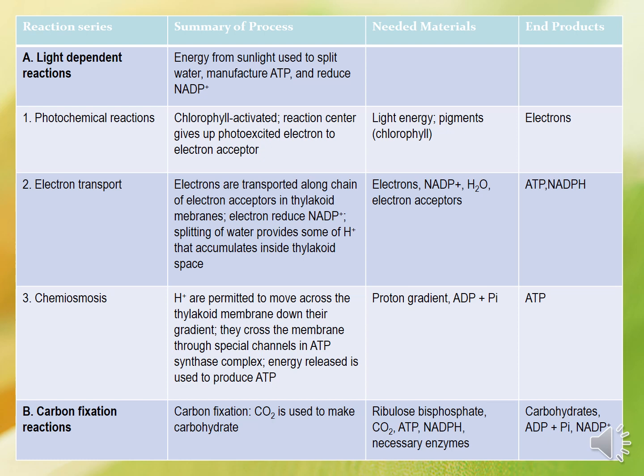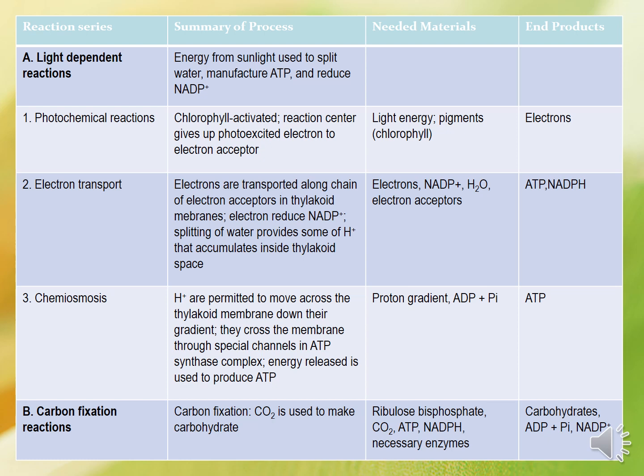Now under the light dependent reaction, they give a summary regarding the photochemical reaction, electron transport, and also chemiosmosis. The photochemical reaction is actually the process that involves the photosystem, so it happens in the photosystem. Because of that, for the summary of the process, the chlorophyll is activated, because they involve chlorophyll A and all the accessory pigments.